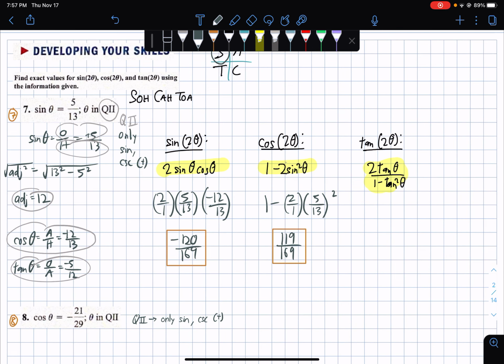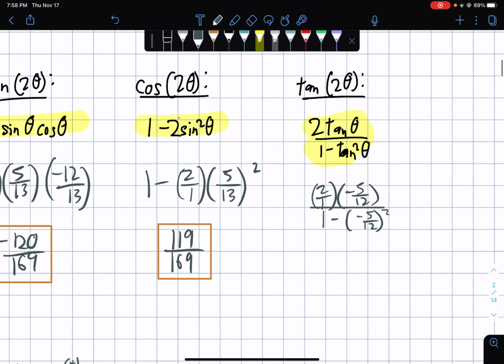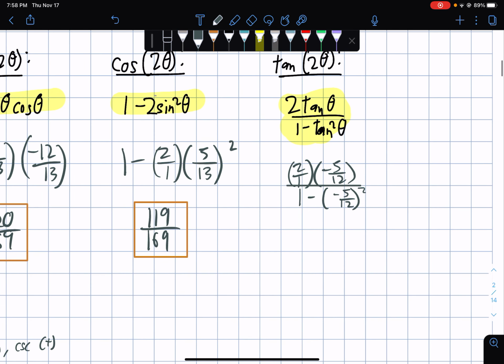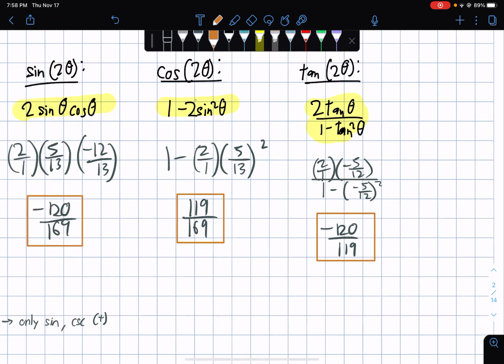For tangent 2 theta, it's 2 times tan theta. Tan theta is negative 5 over 12, divided by 1 minus negative 5 over 12 squared. Put all these values in the calculator and you'll get negative 120 over 119. That is the final answer.